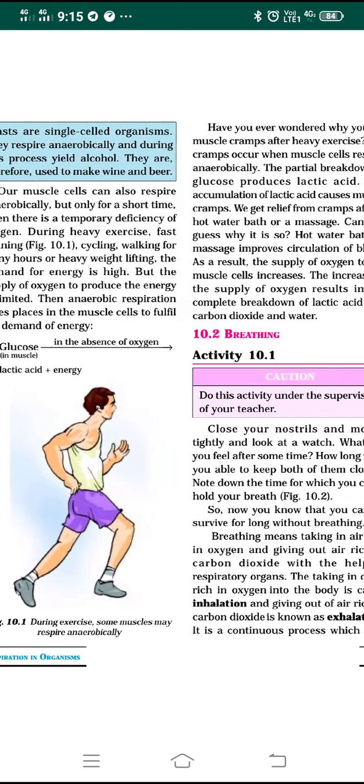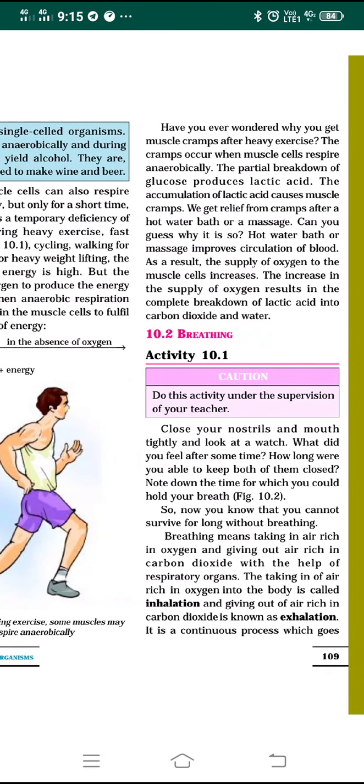You might have wondered why you get muscle cramps after heavy exercise. Sometimes when you do a very heavy exercise, your muscles cramp. We say muscle catch, no? After a heavy exercise, the cramp occurs when muscle cells respire anaerobically.